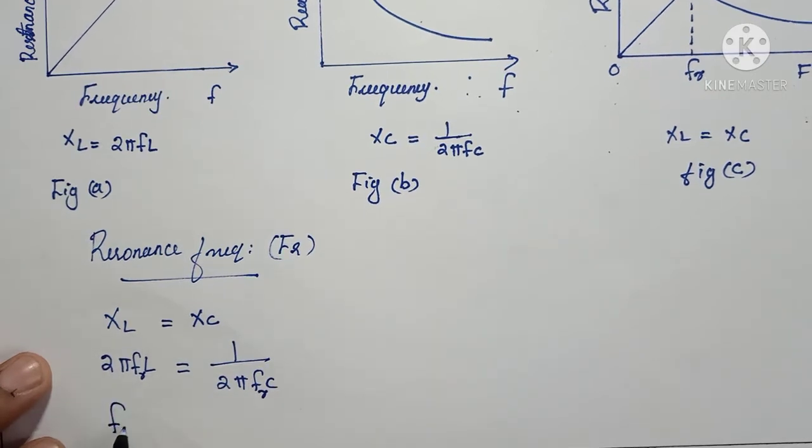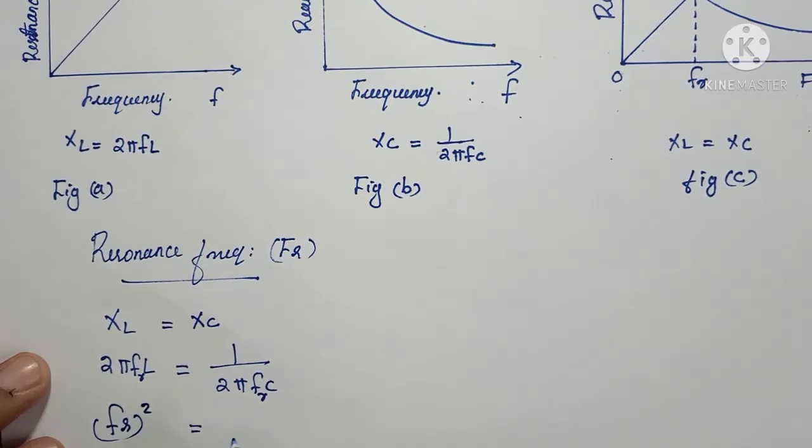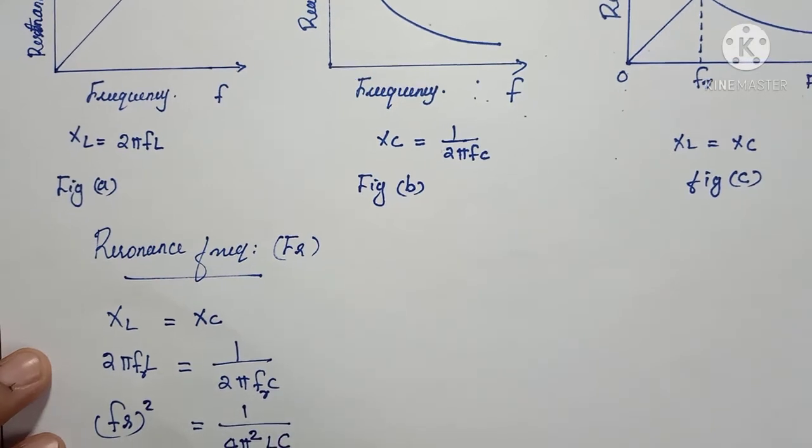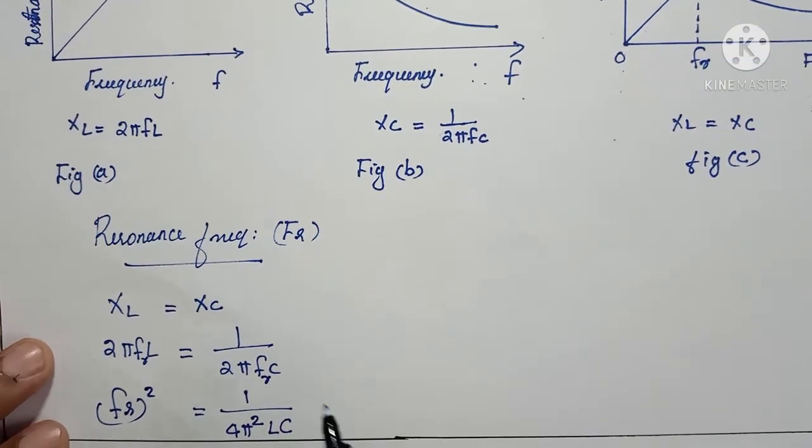So Fr square will be equal to 1 by 2 pi into 2 pi, that is 4 pi square LC.